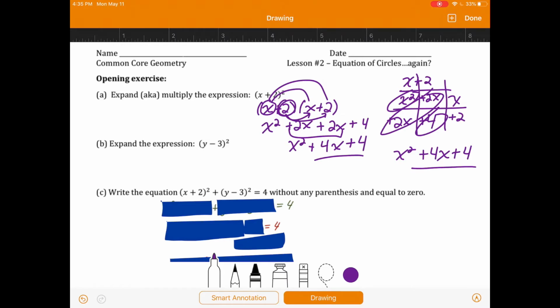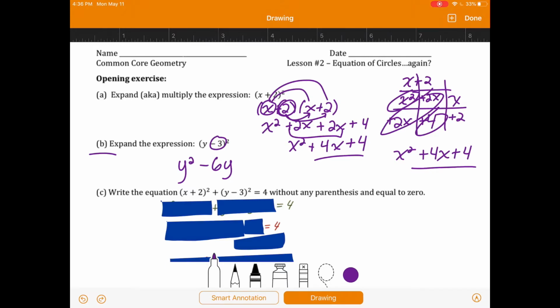You can use the same process to do part B here. But another trick that works with these, whenever you have something that looks like this, where you've got x or y plus or minus a number, and then you square it, you could always put it in this format, where you've got, whether it's x or y, you square it, and then the second piece is this number times 2, so -6, and then you put whatever that is with it.